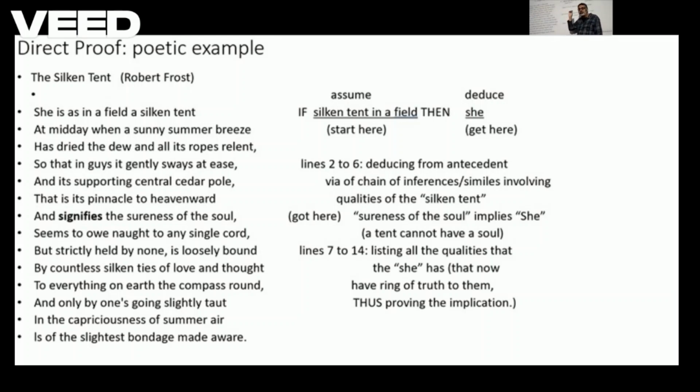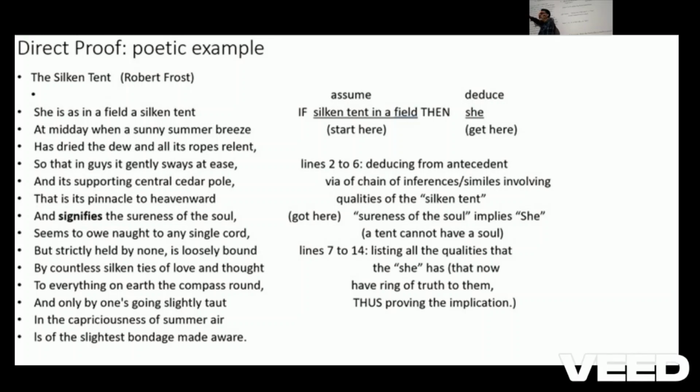In other words, the truth about the she, the spiritual attributes, the attributes of ties of love that the she has, it's harder to start with the she and prove that she has all those attributes that leads us to the silken tent. So we want the silken tent to be the antecedent right here.